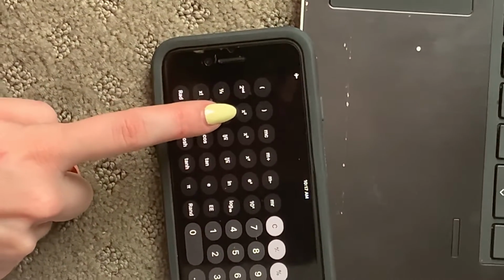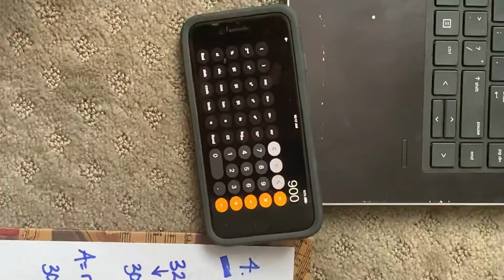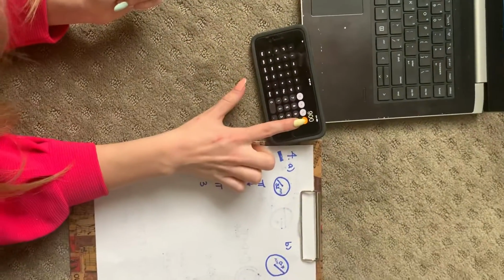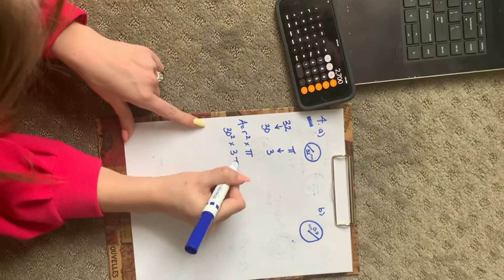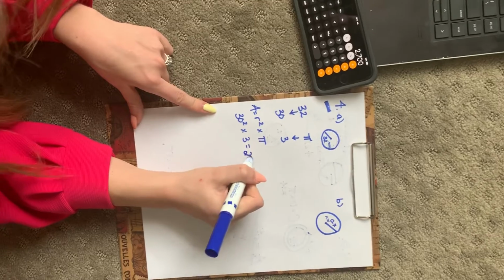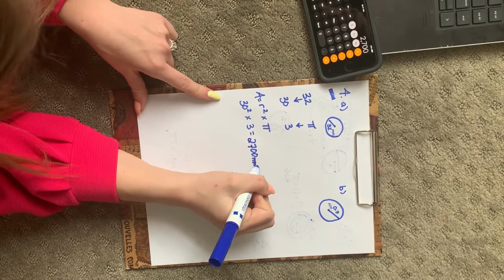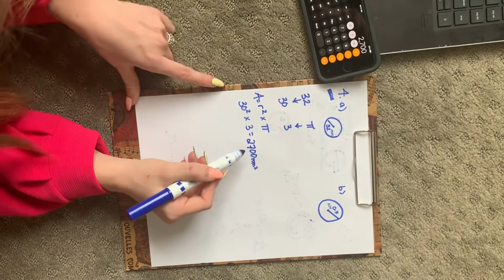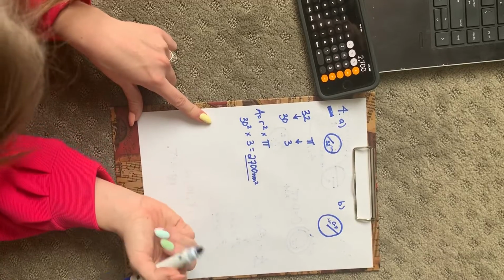It looks like this x squared button. So I got 30 squared, which it tells me automatically is 900, and then I'm going to times that by 3. Okay, so for my estimation, I got the number 2,700 millimeters squared.